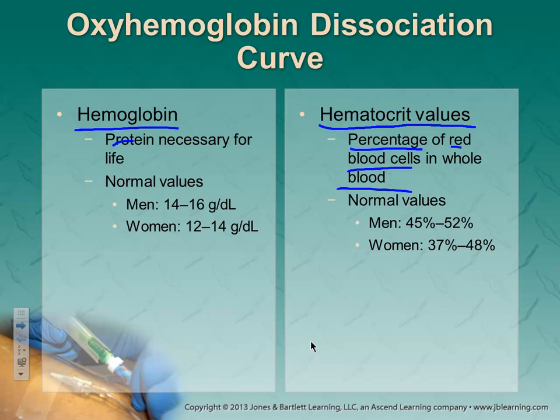Why do you think in the hospital we may draw an H and H on somebody? Okay. So yeah, that'll be a good indication of perfusion status. If their hemoglobin levels are lower, then we know that they may not be perfusing the way that they need to.